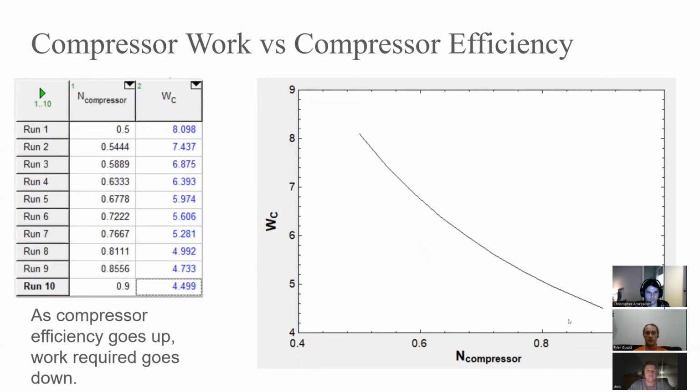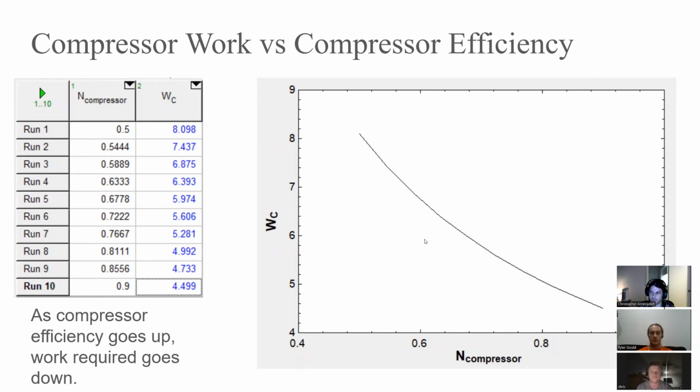All right, so now we're going to look at some of the parametric evaluations that were done upon the system. So this evaluation is the compressor work versus the compressor efficiency. This looked at how the variation in the compressor efficiency affected the amount of work that was required to operate the compressor. As the compressor efficiency increases, the amount of work required to operate the system goes down.